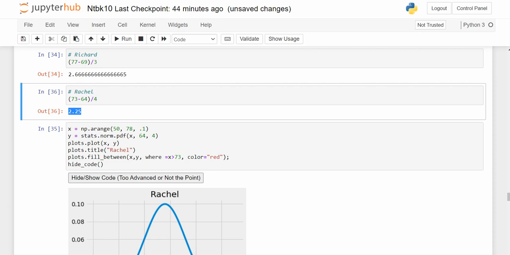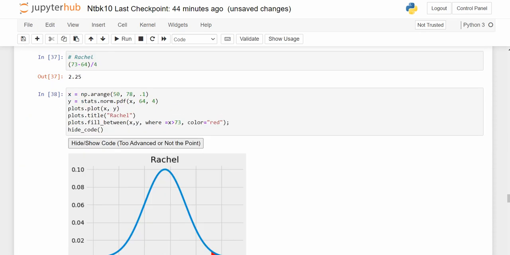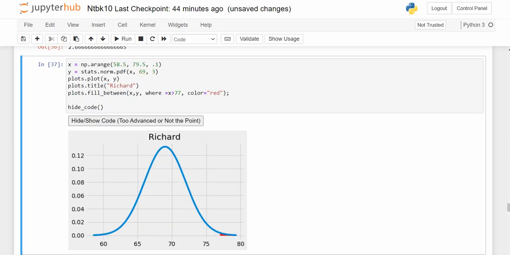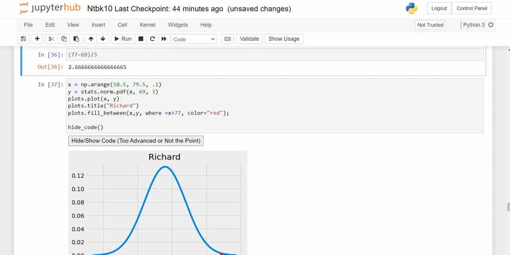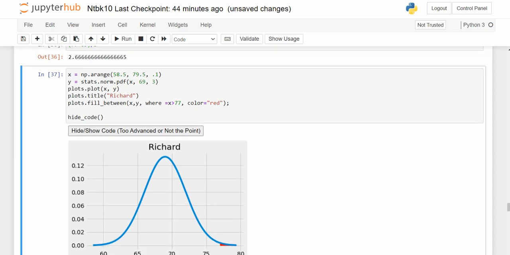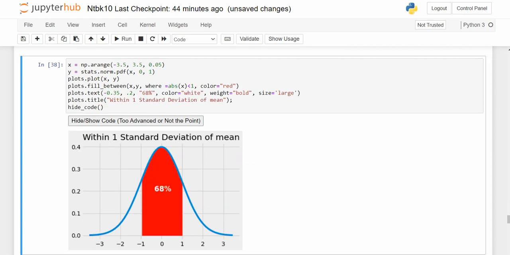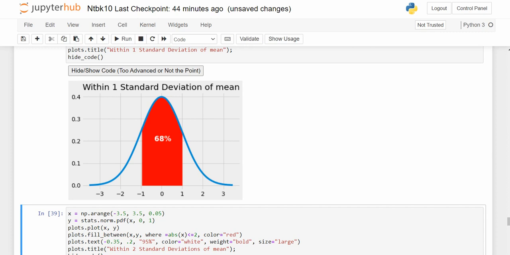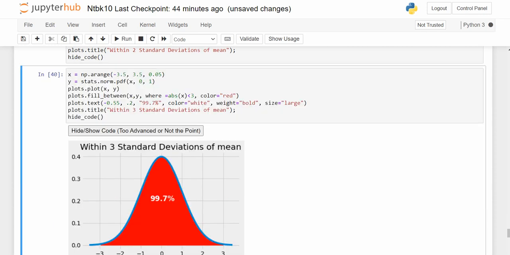And then they do some show and tell and they give us, hey, here's a plot that shows Richard compared to his distribution. That's why the tiny little sliver of red, because he's very tall. There just aren't that many people taller than him. And then finally, they're showing what's called the empirical rule. Within one standard deviation of the mean, we find 68% of the scores in a normal distribution.